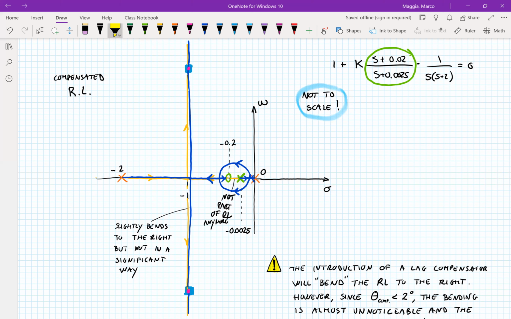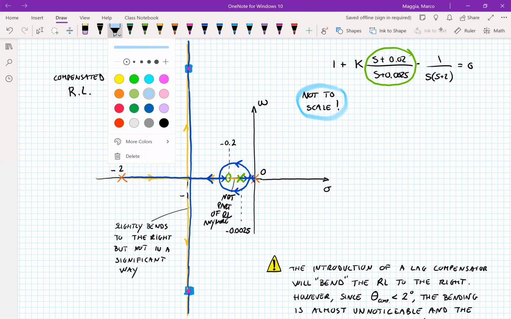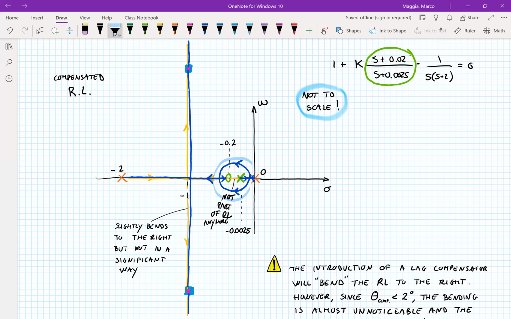Moreover, if you actually plot it in MATLAB, you'll see that this circle here of the new root locus is very, very tiny. So what I drew is not to scale. You almost cannot see it because of how tiny it is. In fact, both the compensator's 0 and pole are very, very close to the imaginary axis.